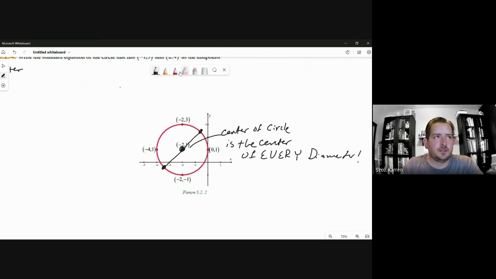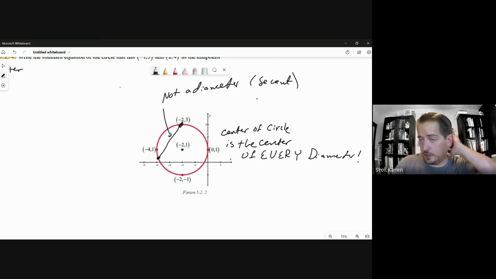Because if your line doesn't go through the center, it's not a diameter. If I have a line that goes from here to there, it doesn't go through the center, this is not a diameter. It's a secant line, but we're not interested in that. It's a diameter, so we know that it goes through the center.